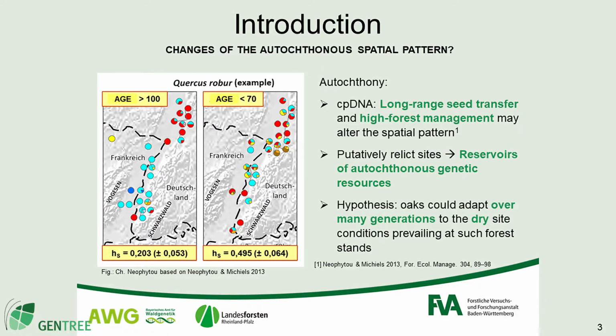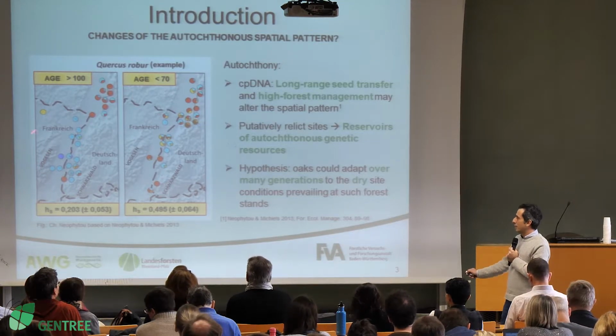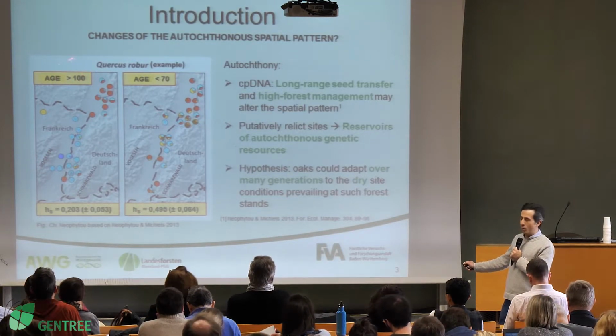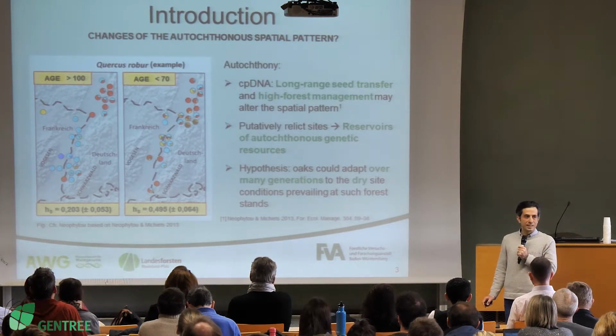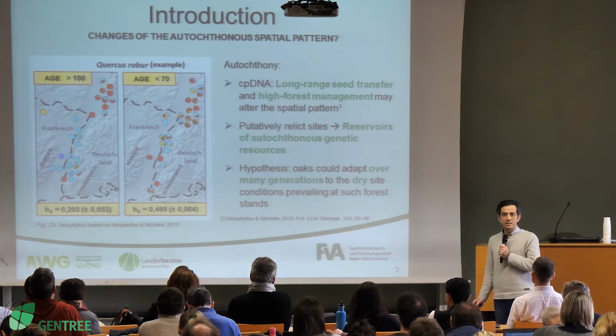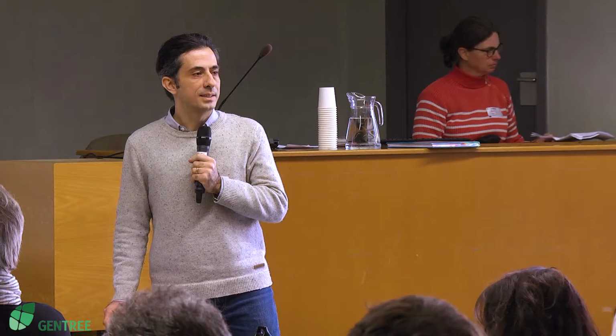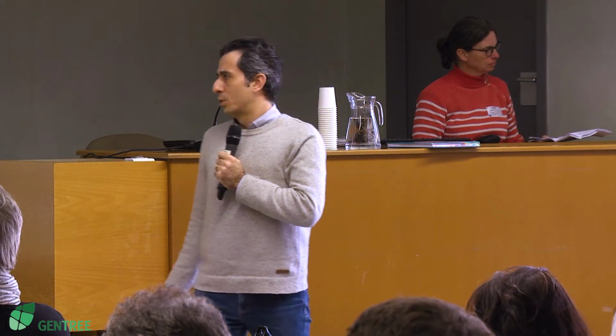And these are results from a previous project from oak stands in this area. We have here the example of Quercus robur, and we have on the left-hand side some old stands which were established more than 100 years ago. On the right-hand side, we have younger stands which were established less than 70 years ago, so mainly after the Second World War.